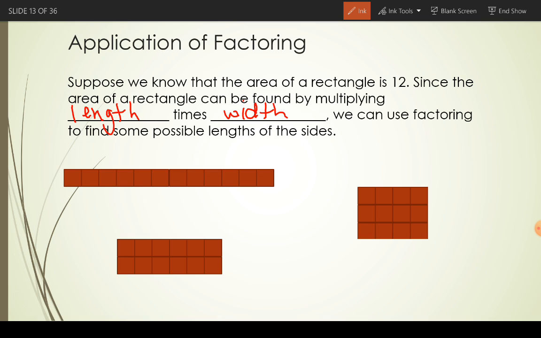So this one has a side length of 1, and there are 12 units on top. This one we have 3 rows, so this is the number of rows and the number of columns. So we have 3 rows here and 4 columns. And we have 2 rows here and 6 columns.